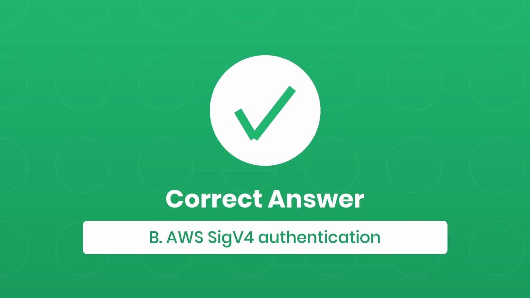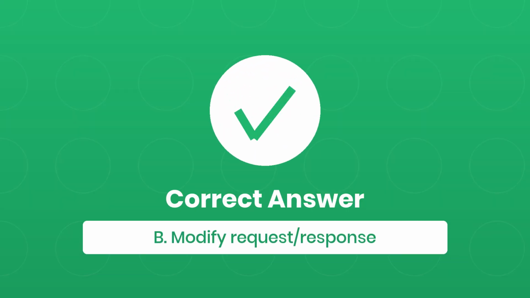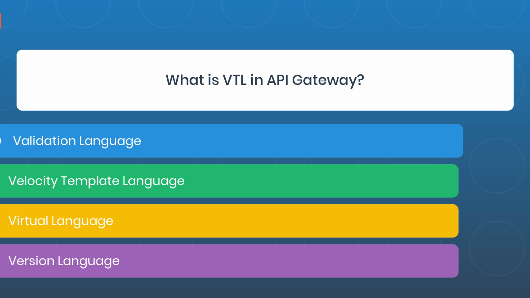The correct answer is B, AWS SigV4 authentication. Question 21. What is request transformation? The correct answer is B, modify request/response.